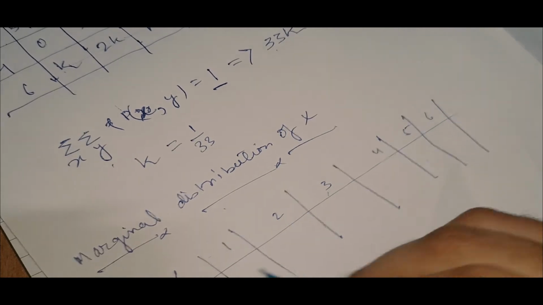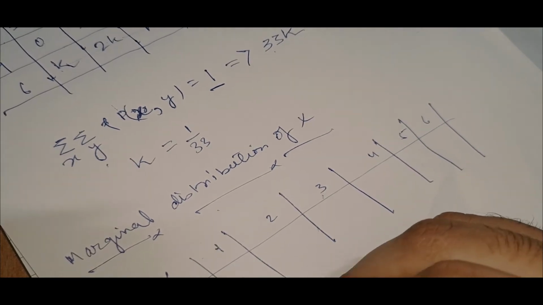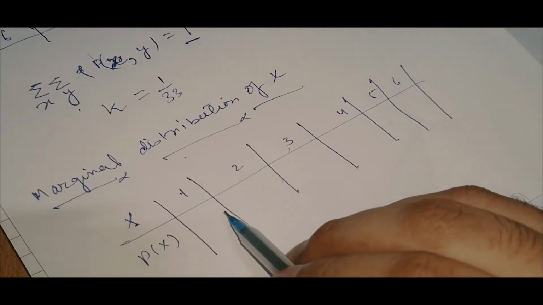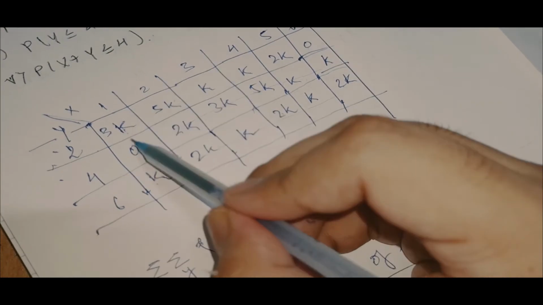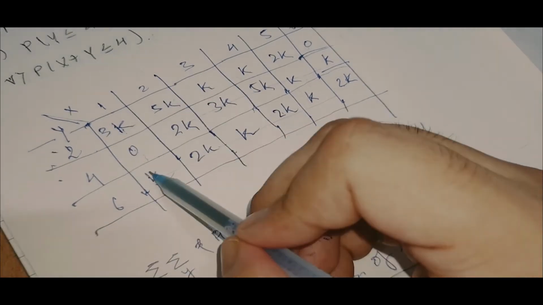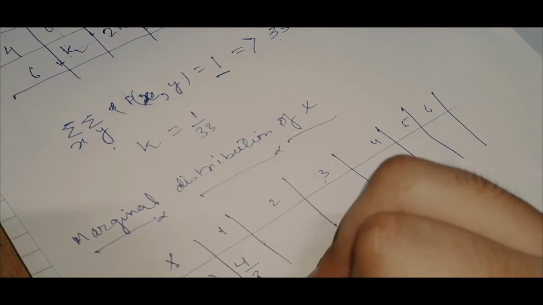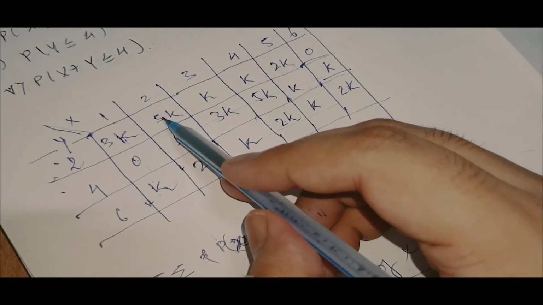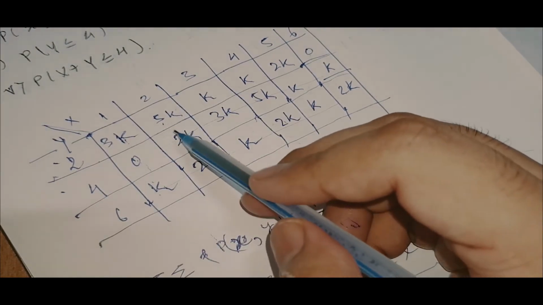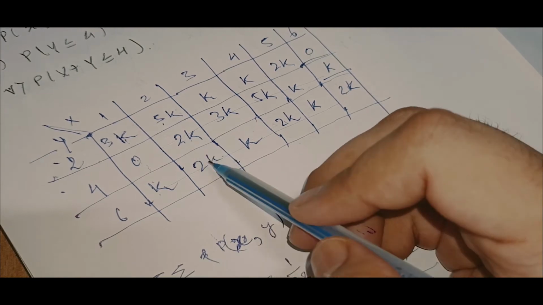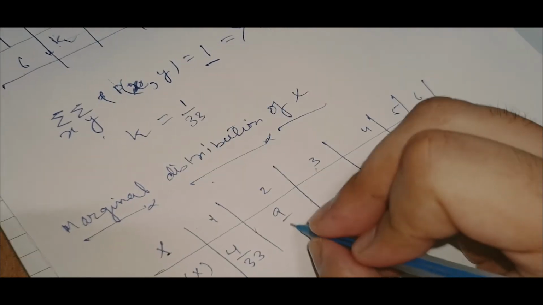Now for x equal to 1, what is the marginal distribution? Add all these column values: 3 plus 0 plus 1, that is 4k. So it would be 4 by 33 because k is 1 by 33. For x equal to 2, it is 5k plus 2k plus 2k: 5 plus 2, 7, plus 2, 9, so 9k, that is 9 by 33.